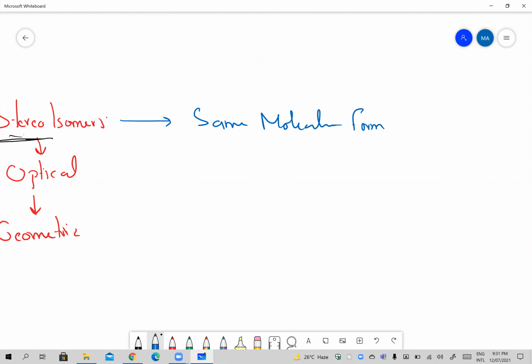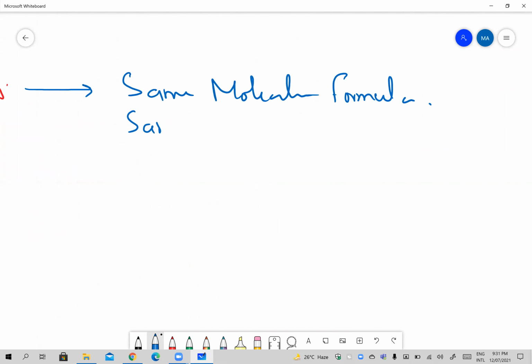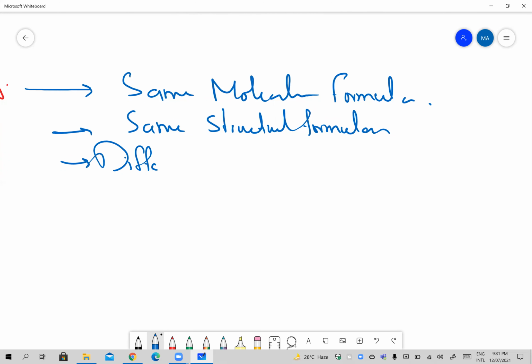Same molecular formulas. Same structural formulas. Different arrangement of atoms.